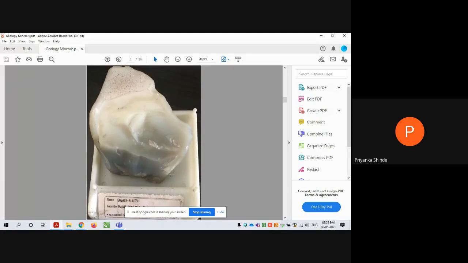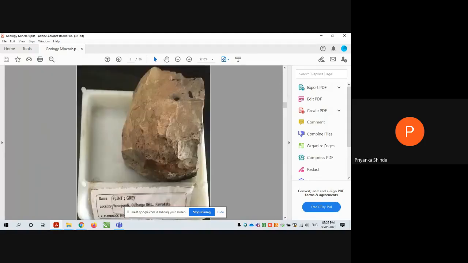If you see other photos of agate, you will see beautiful pictures showing banded structure. That is the agate mineral. The speciality of this is the banded structure.